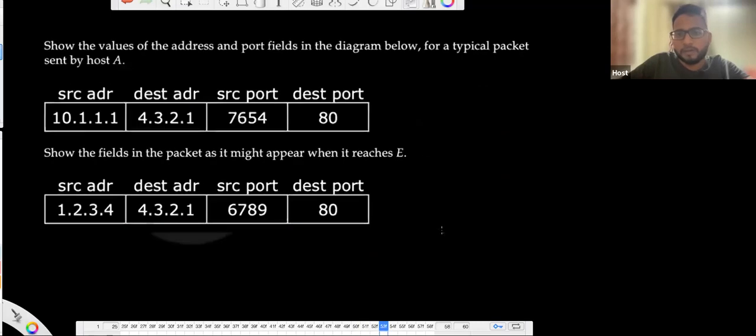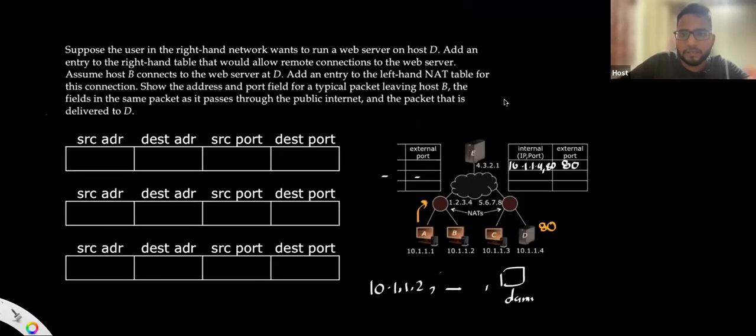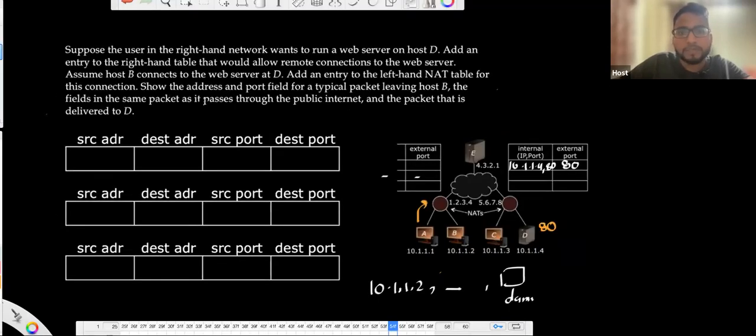Okay. Now let's see other questions. Now what they are saying: show the address and the port field of the typical packet leaving host B. Okay, suppose something is leaving B. So leaving B, this is the packet that is leaving B. The fields in the same packet as it passes through the public network.